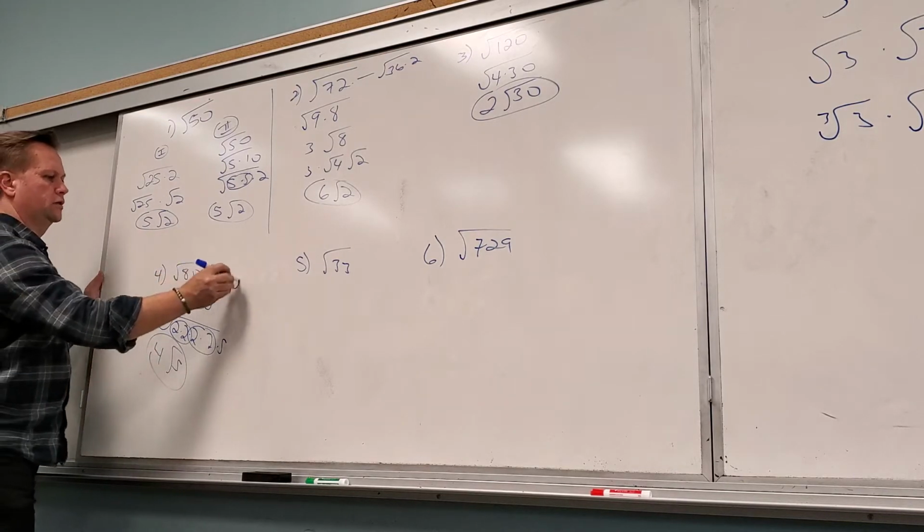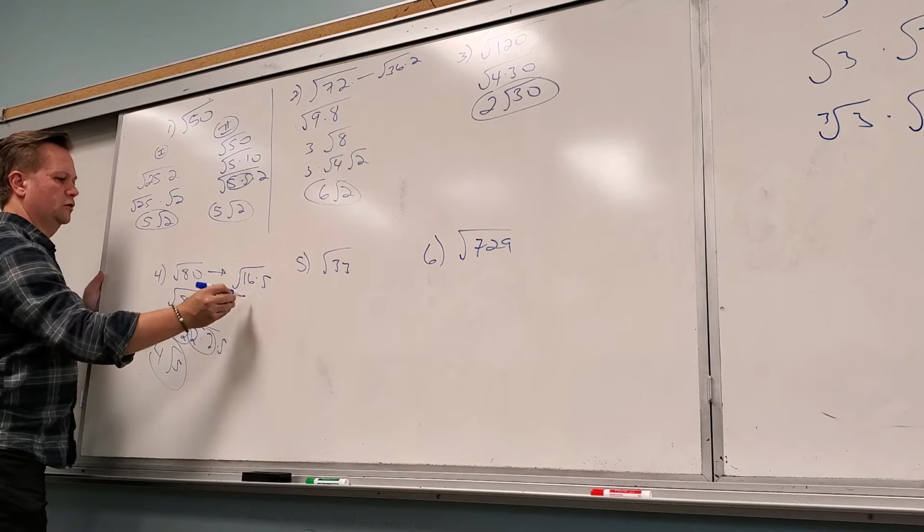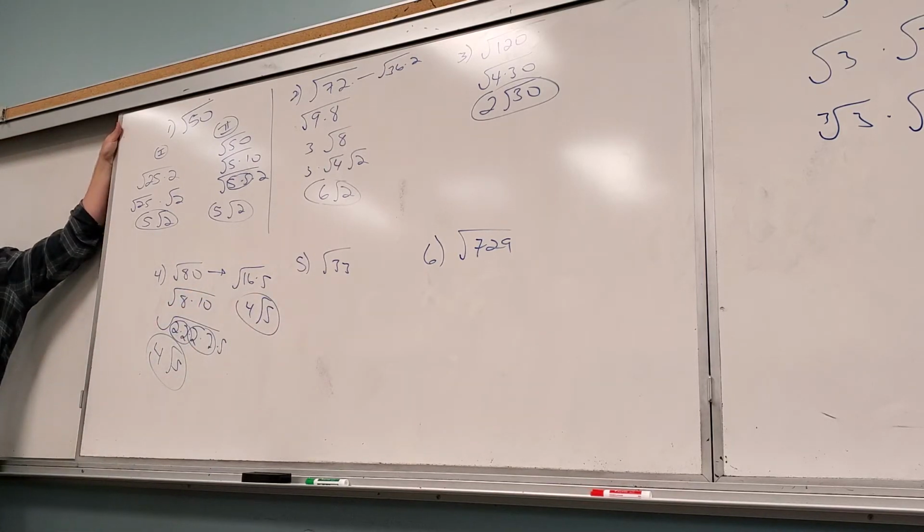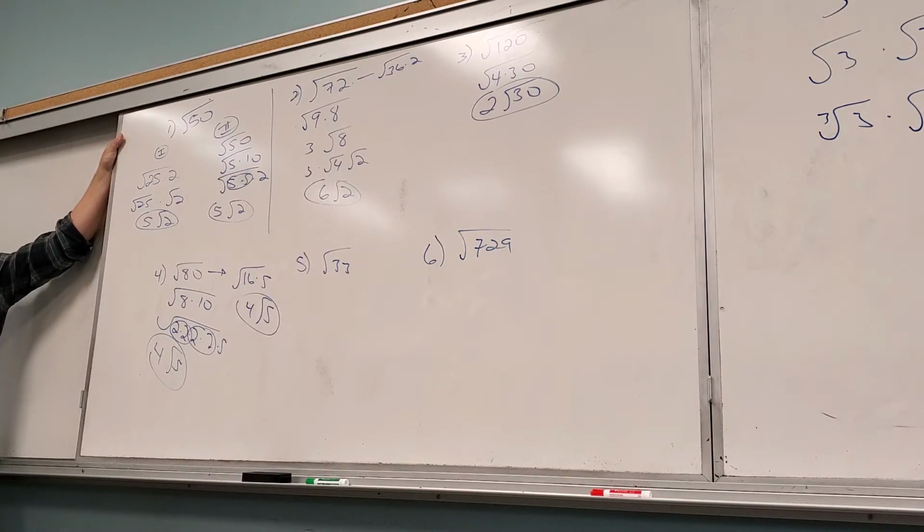Now the other way to do it is to say this is 16 times 5. Square root of 16 is 4. Square root of 5 is, I don't know. Or you could do 4 times 20, but then 20 has another 4 in it, so you have to do a couple steps and eventually get down there. So this is exactly like reducing fractions. It's just we're using factors to do this, more directly.